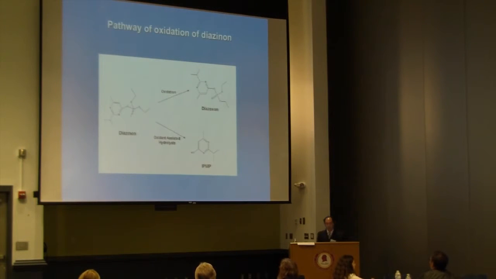As a result, we found that diazinon could be oxidized to produce diazoxon here. This is one of the byproducts. And also, in the existence of oxidants, diazinon could also be hydrolyzed to produce IPMP.